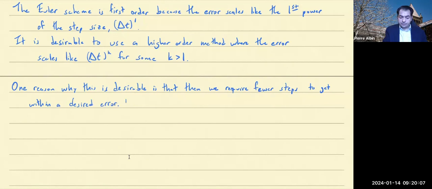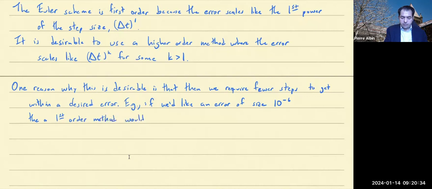For example, if we'd like an error of size at most 10 to the minus 6, then a first order method would require roughly 10 to the 6 steps, so 1,000,000 steps to get that accuracy.